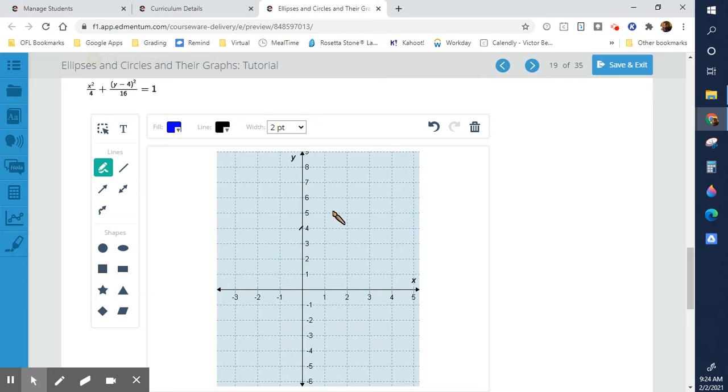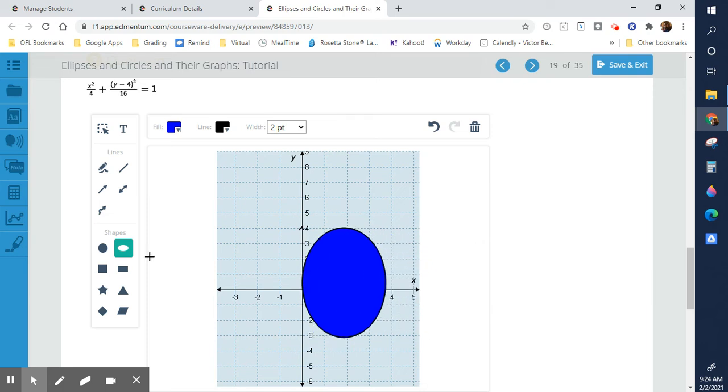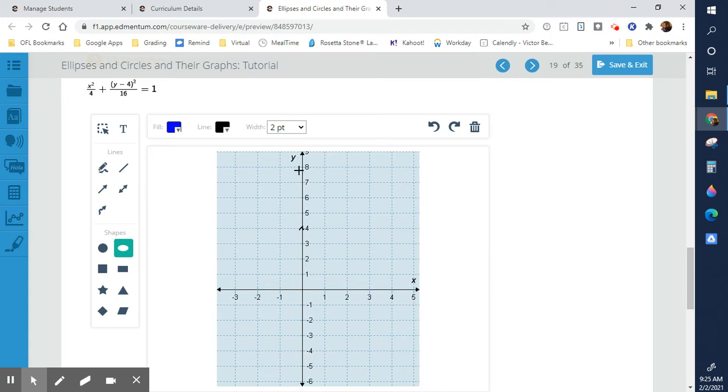Let me see if they let me do the ellipse. So if I start at the center, this is the thing I don't like about it. You're going to have to identify your radius first, your vertex first. So if I tried doing it with this, I would go like this.